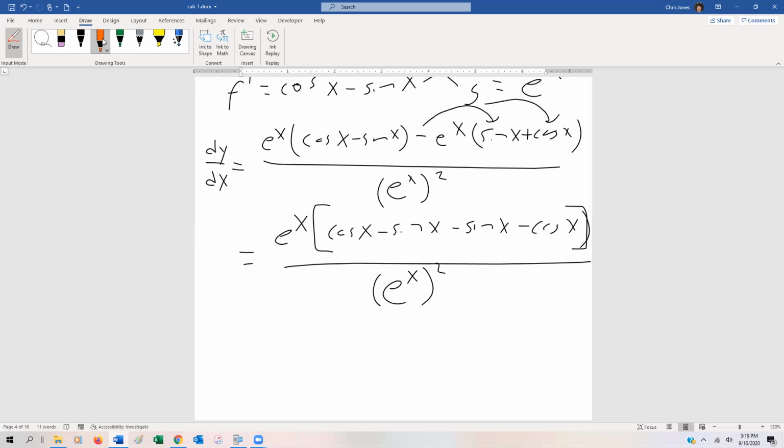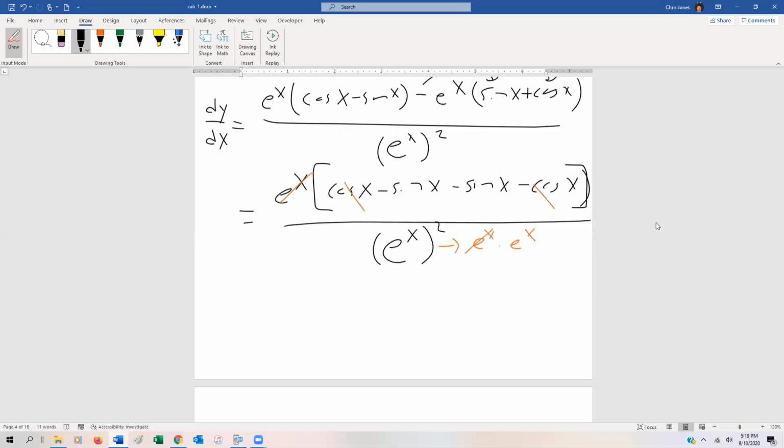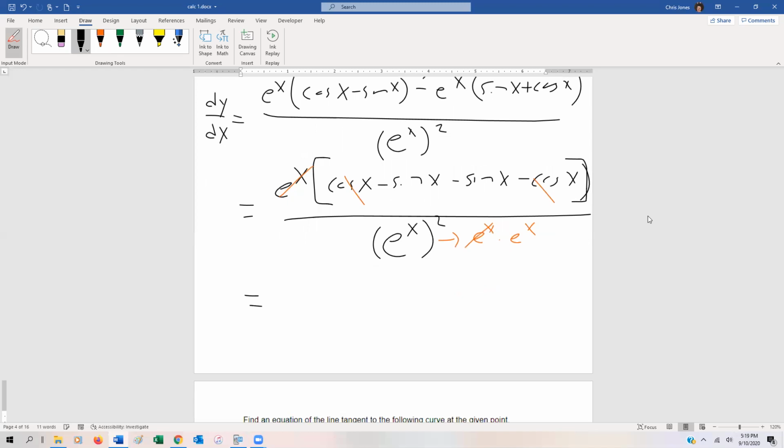All right, so now let's simplify. Inside the brackets, factoring helped us a little bit because that canceled out the cosines. Notice that we have e to the x squared in the denominator. Really, e to the x squared can be thought of as e to the x times e to the x, which means we can cancel one of those e to the x's. In the numerator, we can write this as minus 2 sine x.